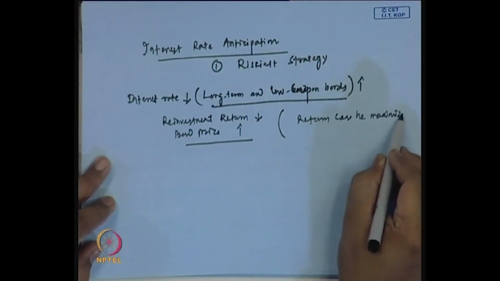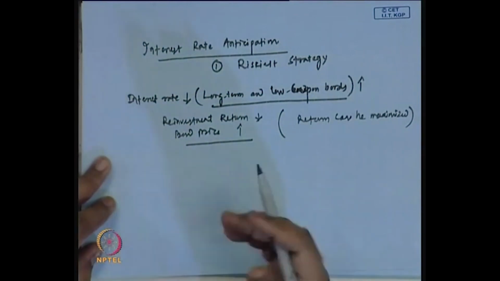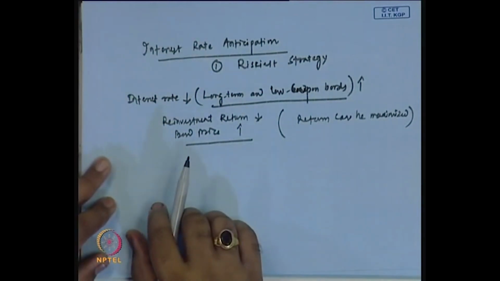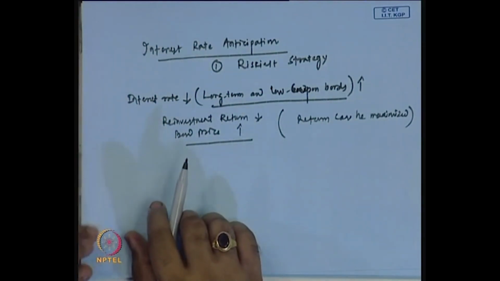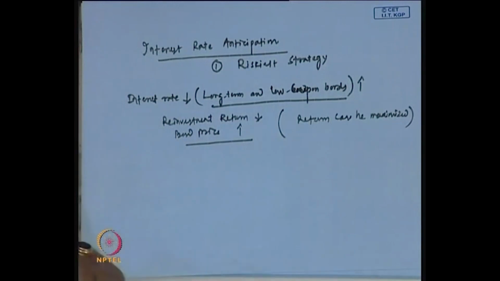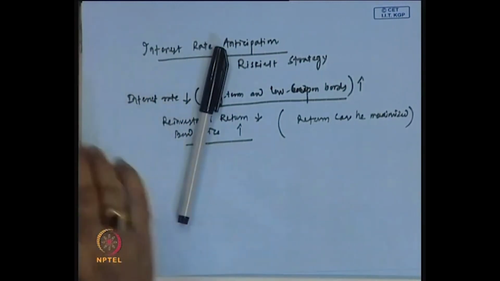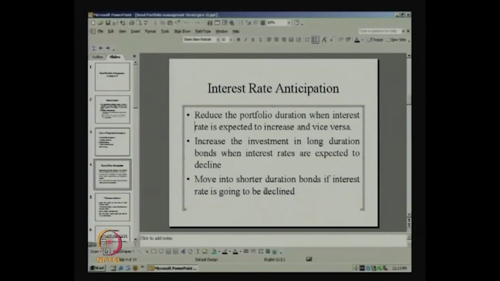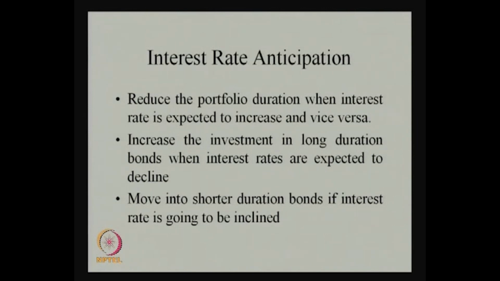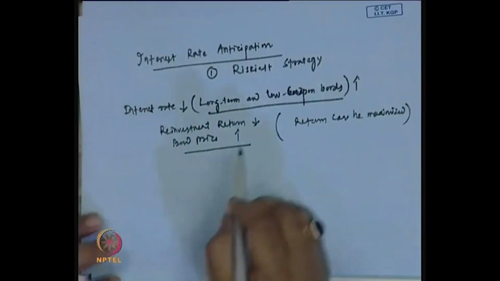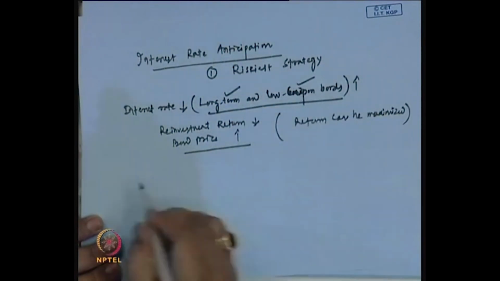And similarly, if the interest rate is going to rise, you move into shorter duration bonds. So, whenever you are predicting that the interest rate is going down, you invest in long term and low coupon bonds.